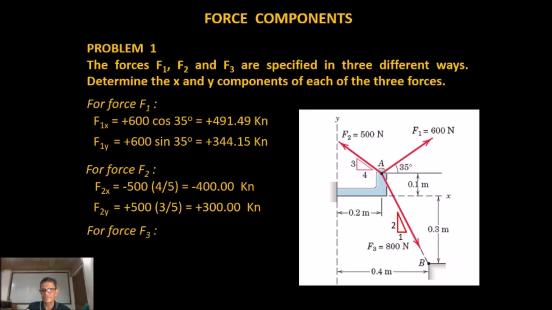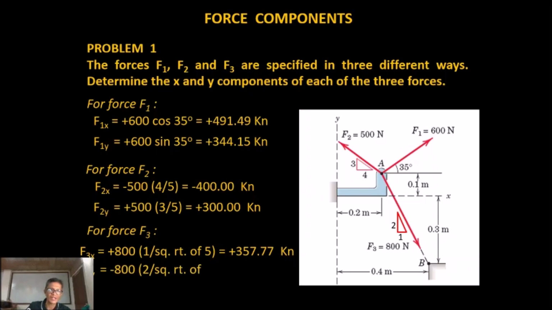And for F3, the x component is positive and the y component is negative. So F3x is equal to positive 800 multiplied by 1 over the square root of 5. 1 kasi yung 1 nasa x and the hypotenuse is square root of 5. So that is equal to 357.77 kilonewton.